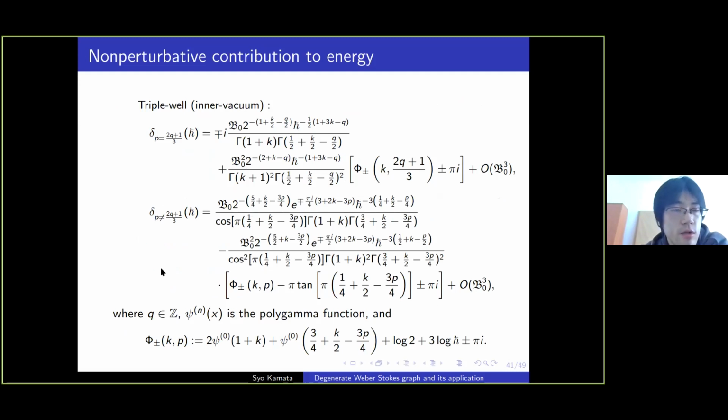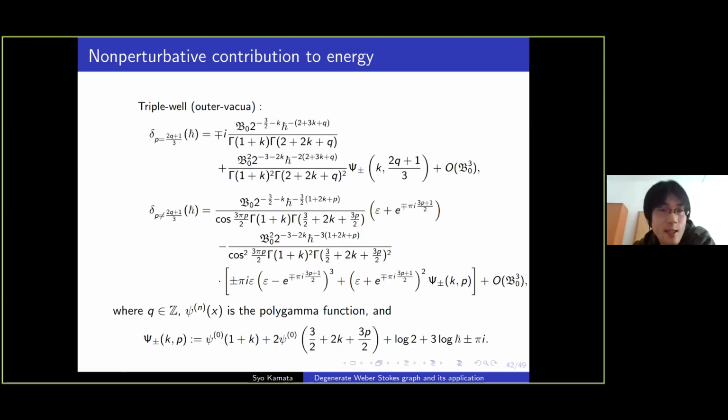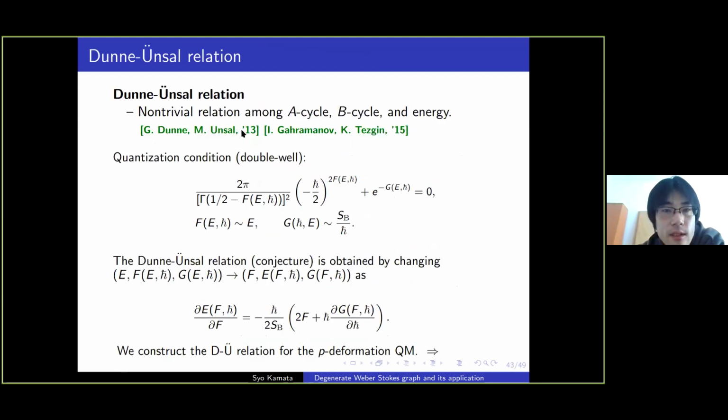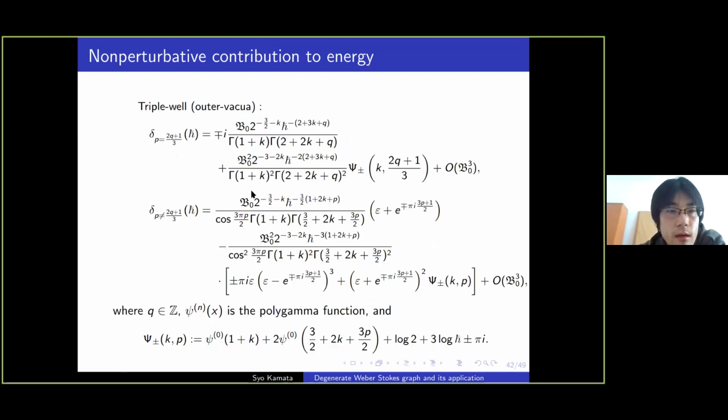So here is the solution for the inner vacuum, and now it's proportional to B0, and here it is B0 square, right. And of course, there is the imaginary ambiguity, plus minus here. And if you look at the outer vacuum, we can do the same thing, and the solution is given by this form.